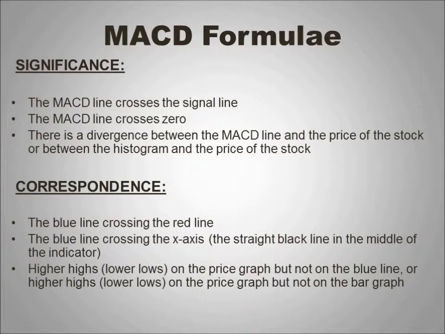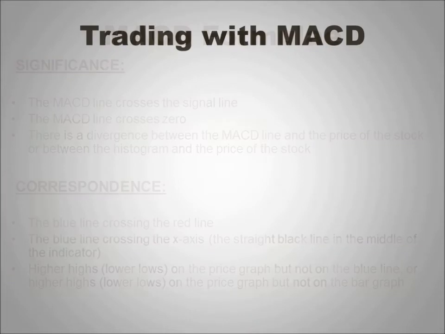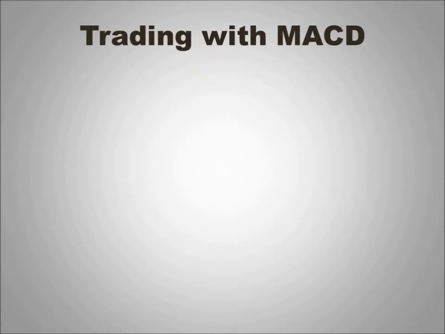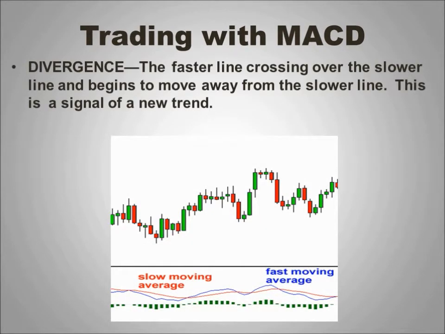Well, we look for divergence. Divergence is when the lines are moving away from each other. So as we see lines moving away from each other, the two lines on the bottom, this gives us a clear indication that the new trend is for real.